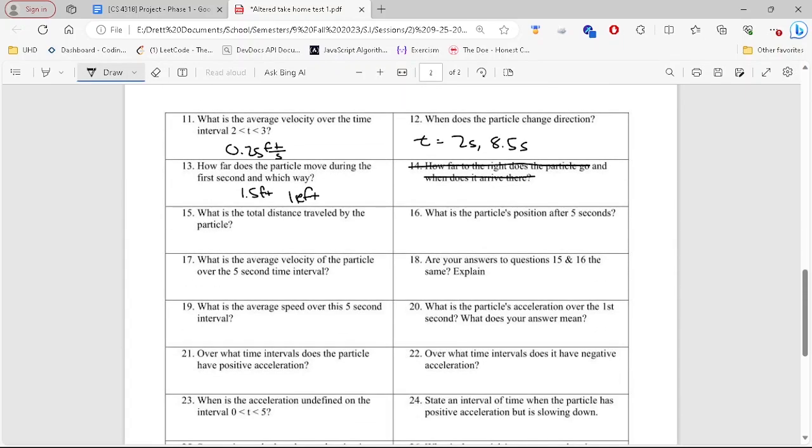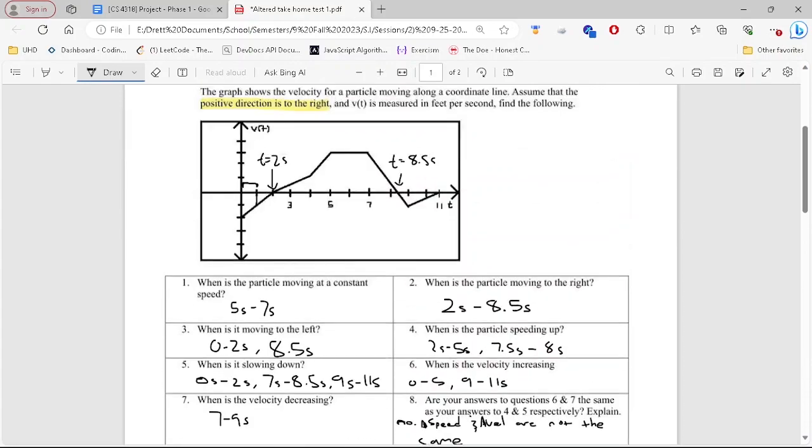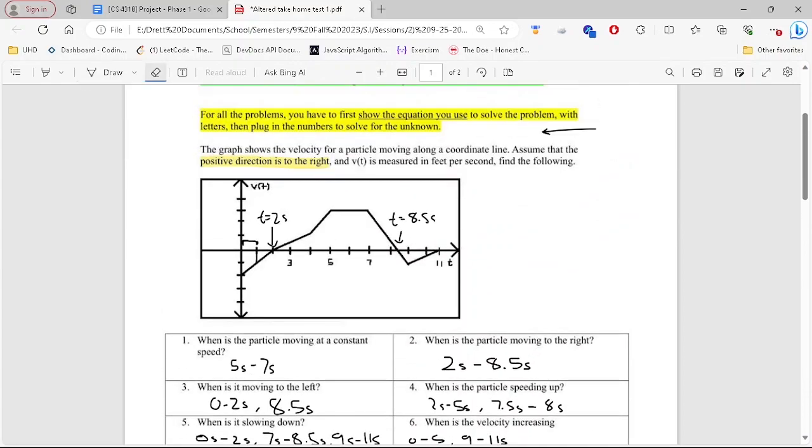Okay, so what is the total distance traveled by the particle? I'm going to have to calculate all the areas. So the height is -2 feet per second in this case, and the width at the base is going to be 2 seconds.